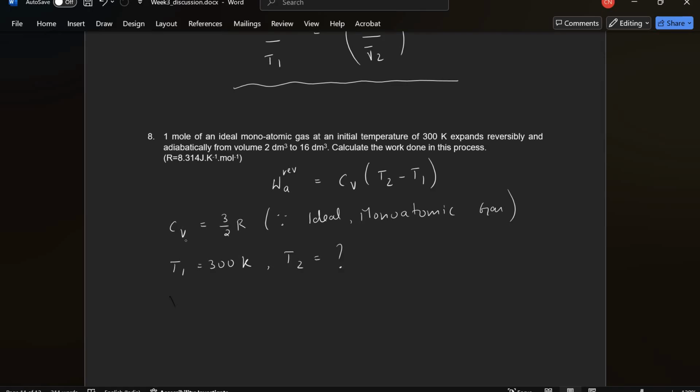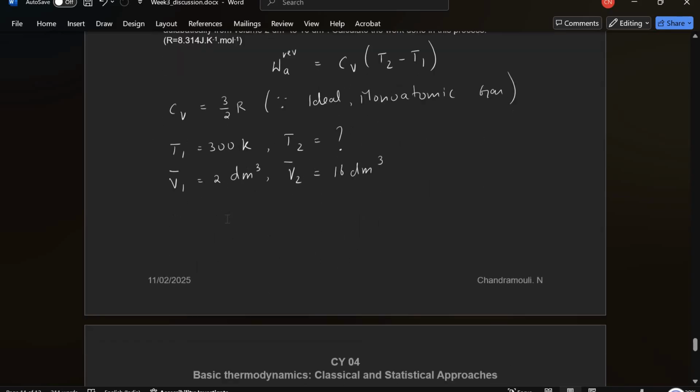However, we have V1 and V2, from which we can calculate T2. V2 is equal to 16 decimeter cube. Since the number of moles is just 1, V1 bar is equal to V1 and V2 bar is equal to V2, so we don't have to worry about it.